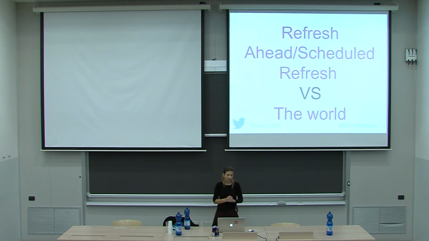Refresh ahead, inline refresh ahead and scheduled refresh, the other one. It's really: can you predict how your data is handled over time? In fact, what you have to do when you try to optimize your cache is not to optimize your cache at the first second.